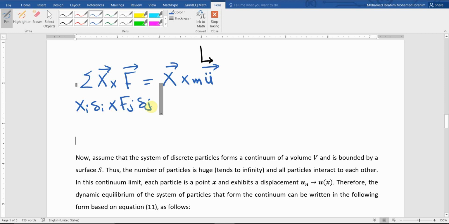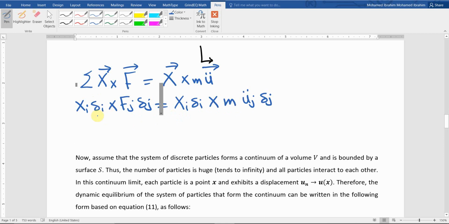We're still working on the same term, equals. Then now we're going to move to the other term, so we have to use the same indices that we used in the first term. We started with the i index, so I'm going to have here xi delta i cross m, just a constant, but this u is a vector, so it's going to be uj double dot delta j.